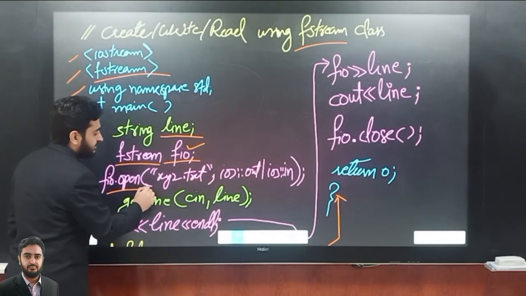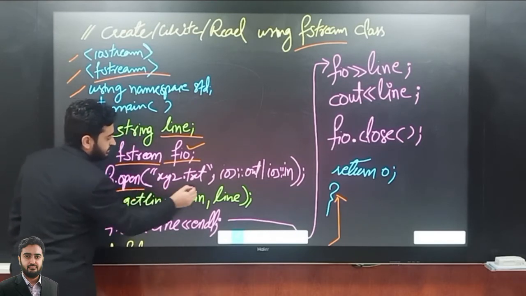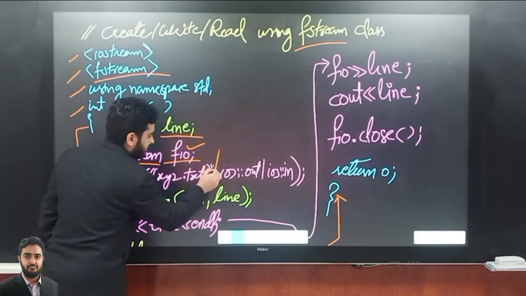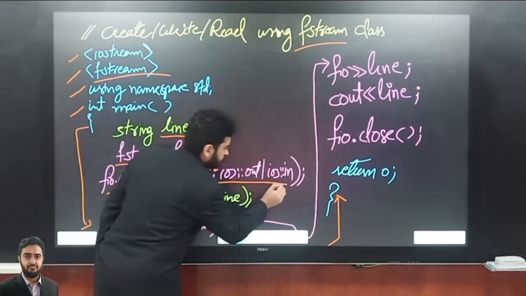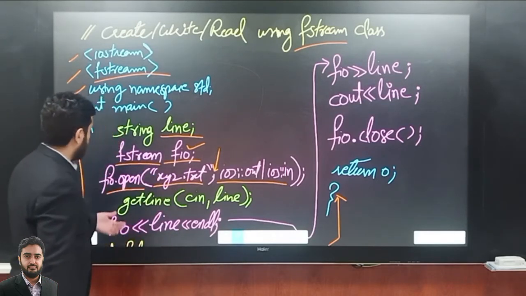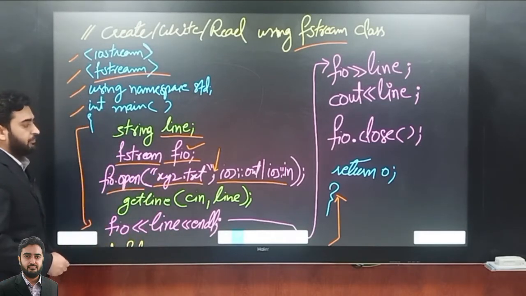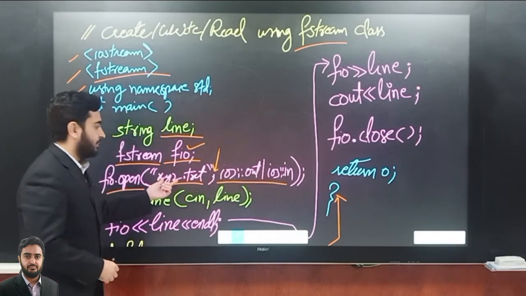In this open method we pass two parameters separated by a comma. One is the string argument and the second is the mode, so that the open function knows for which purpose you are going to open this file.